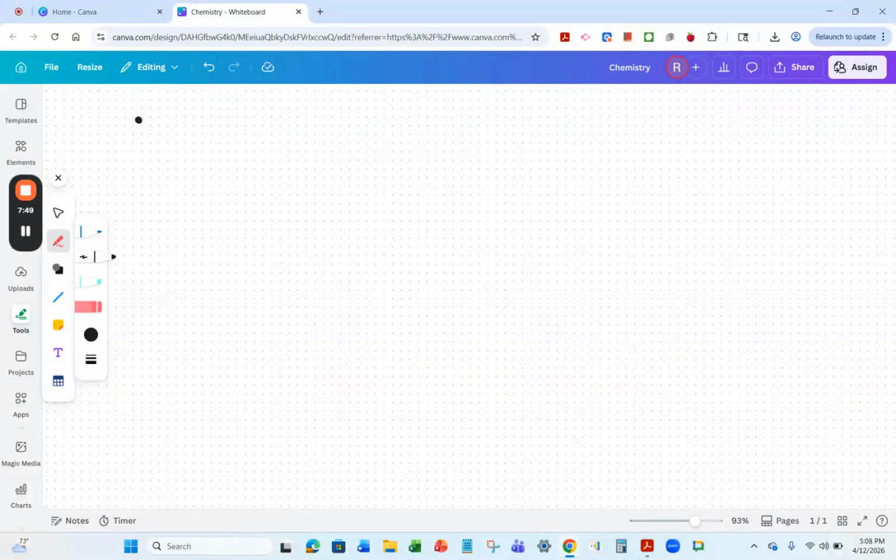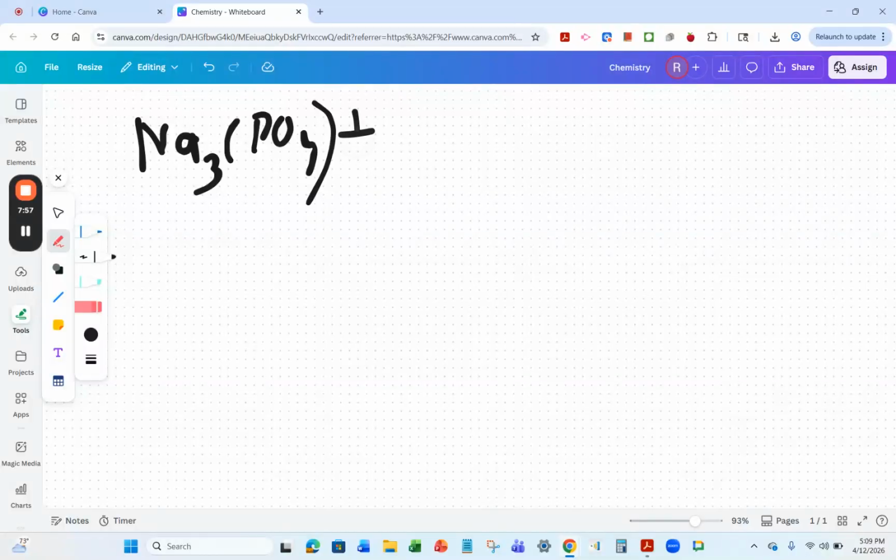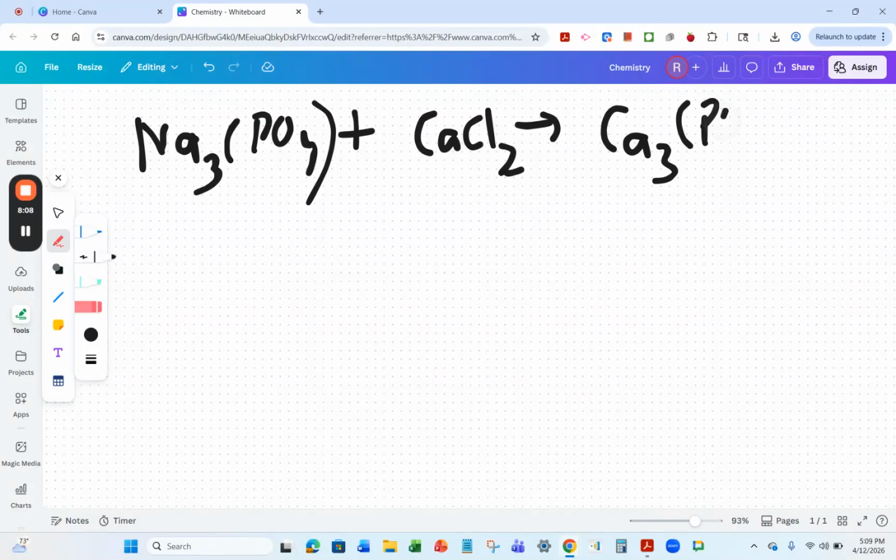Let's say we have this chemical reaction: sodium phosphate, parenthesis for sure, and you have calcium chloride, and you form calcium phosphate with the 2, and you have sodium chloride. So I have to write sodium chloride at the bottom. I don't have a space.